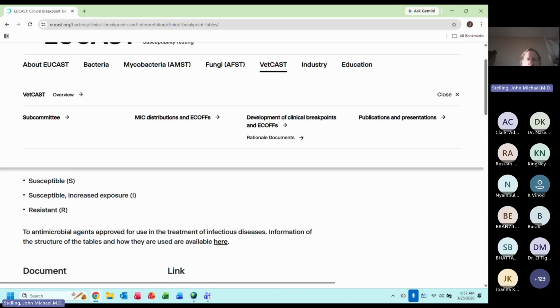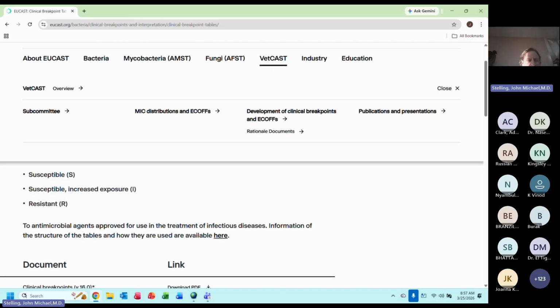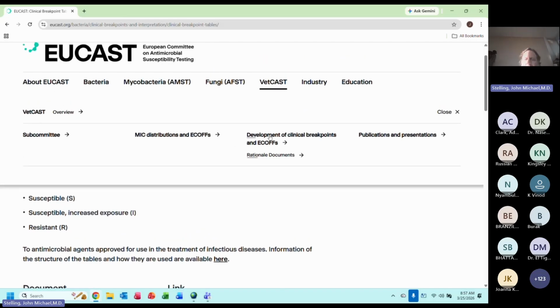VetCast overview. I need to review this again. And you see here the ECOFF values, development of clinical breakpoints. So they give guidance on how they are doing clinical breakpoints. But the only one I remember they had was tylosin. I forget which one it was. I need to ask the VetCast people, where are the breakpoints? Because they do get presented, but I haven't looked at the website recently.